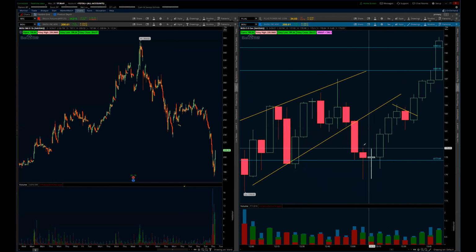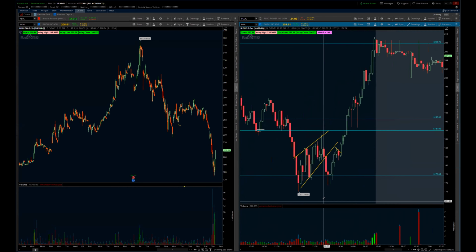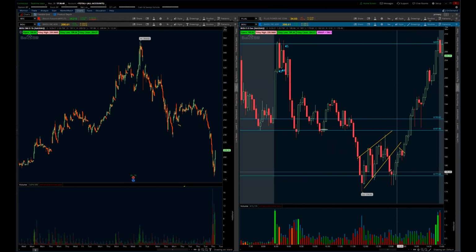And the long tail just signifies that there were buy orders waiting at that level. Exactly. When sellers pushed into it, there was demand there that was still there to buy it all up.